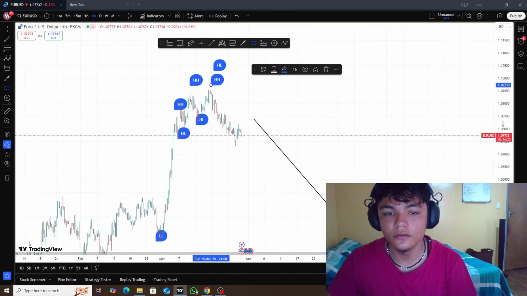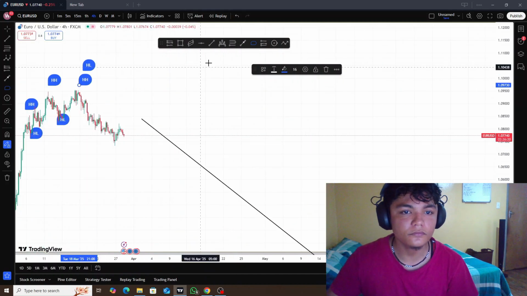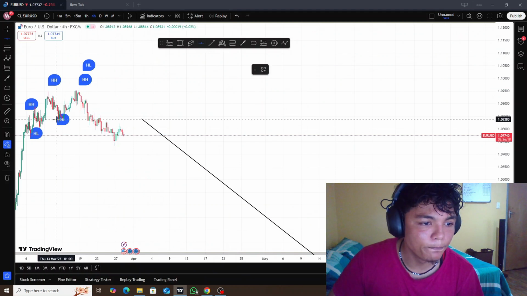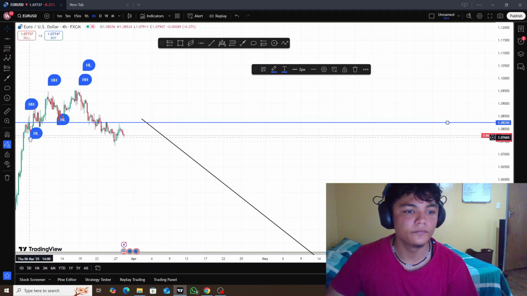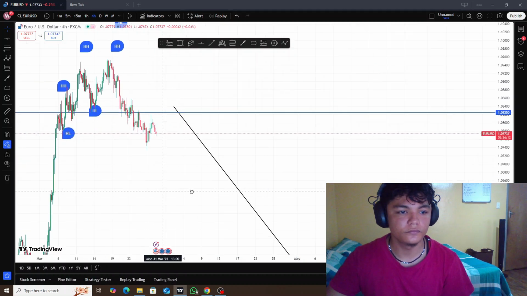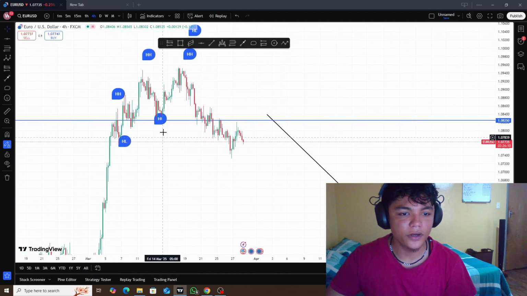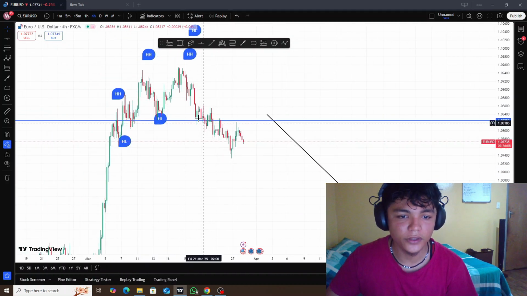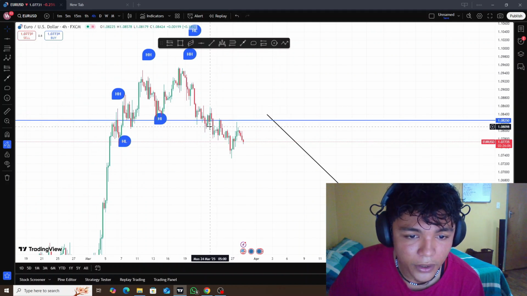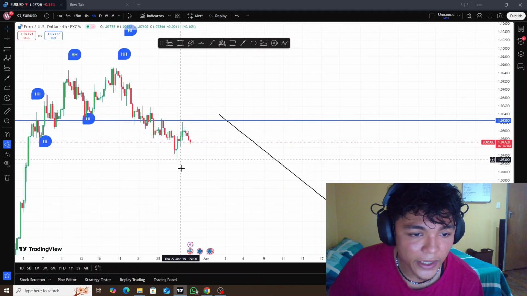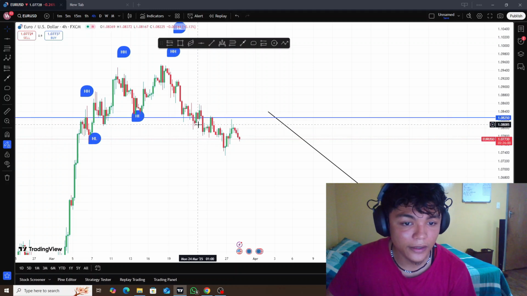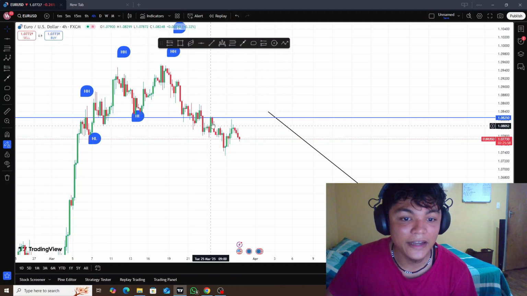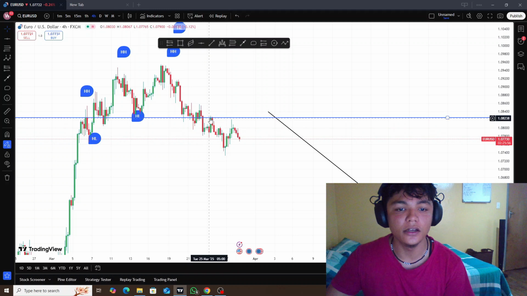And now what happened? The market broke the higher low right there. The market broke the higher low, and what happened? As soon as the market broke the higher low by this candlestick right here, the market came down and it retested the higher low.